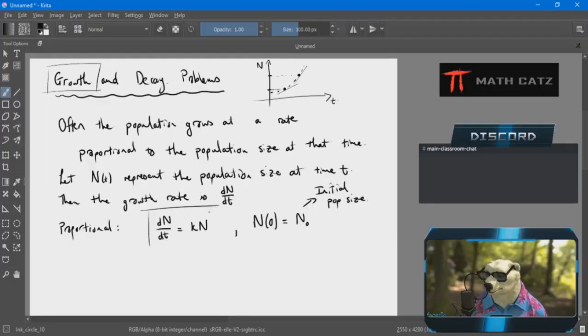Let's just make that a specific constant. I could start with 100 individuals. I could start with 10,000 bacteria. It depends on the situation. So here we have our basic population growth initial value problem, a differential equation with an initial value, so I can actually find a particular solution.